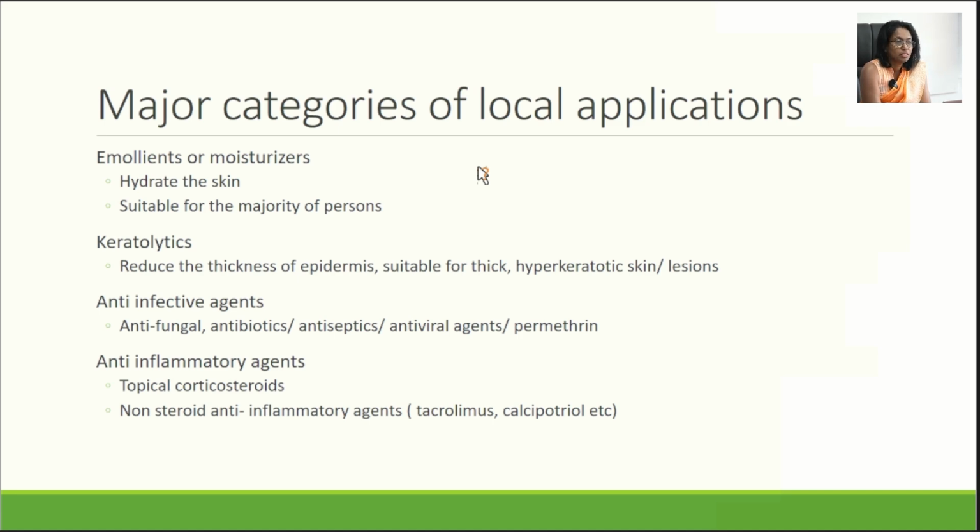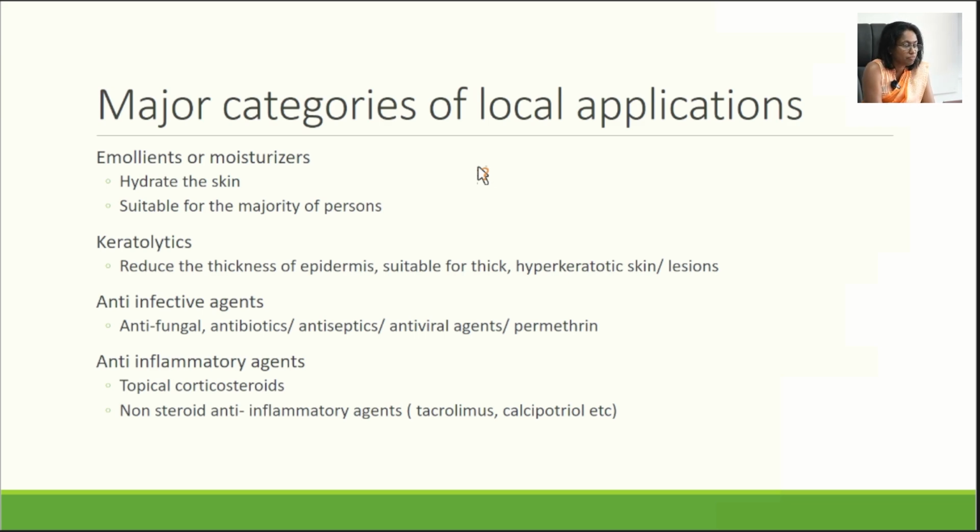So there are combinations of steroid plus salicylic acid available in Sri Lanka, but you have to be very careful about using them because there will be an additional effect of the thinning of skin with the steroid as well as the salicylic acid. So be very careful about using these things in thick skin, and you have to make sure to tell the patient to stop the treatment the moment they feel that there's thinning, when the lesion comes down to the level of the normal skin, they have to stop using this.